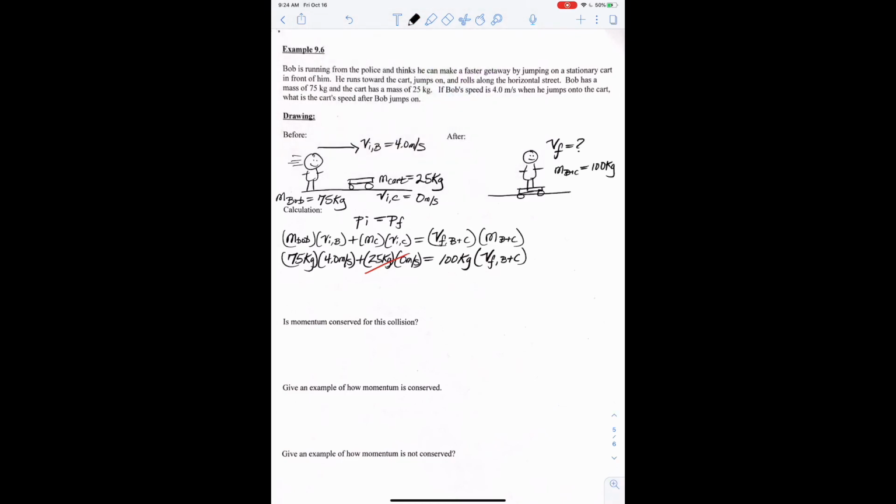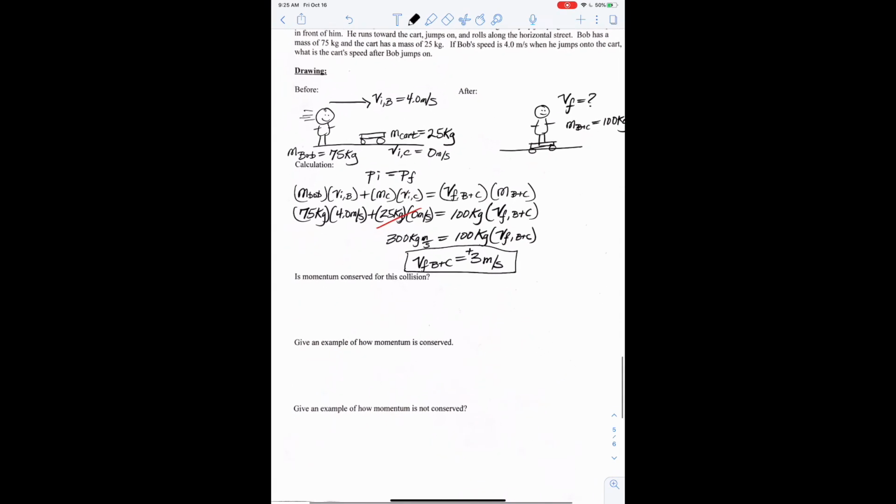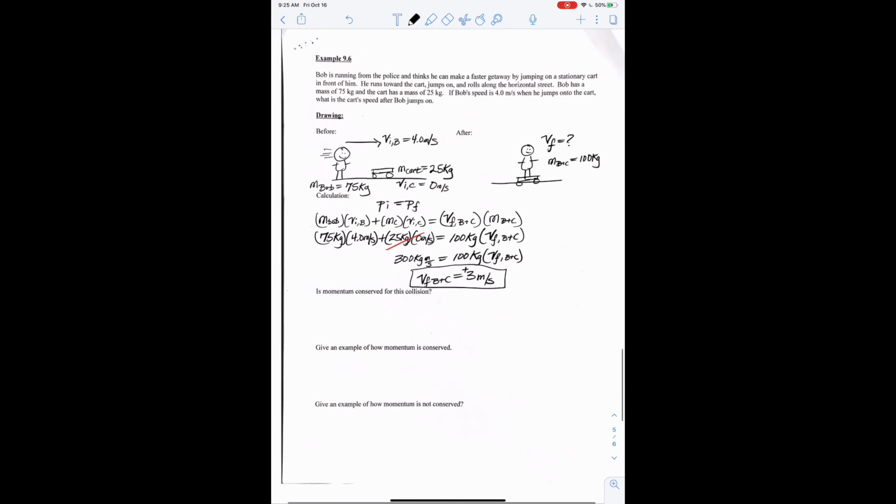So we're saying 300 kg meters per second is equal to 100 kilograms times VF B plus C. And if we divide both sides by 100, we get VF B plus C is equal to 3 meters per second. Notice it's positive or to the right, so looks like that is good. Is momentum conserved for this collision? The answer is always yes, right? Assuming you draw the system appropriately.